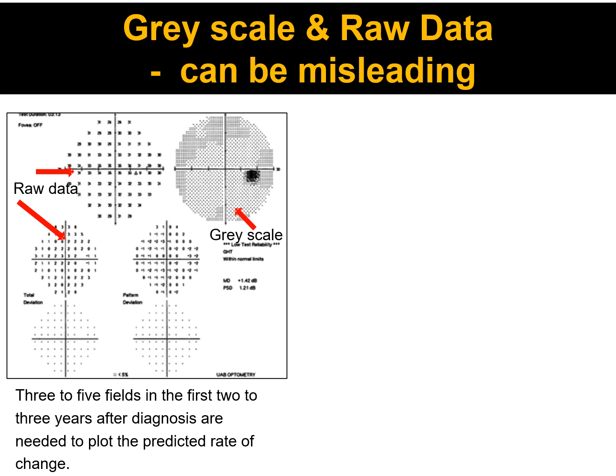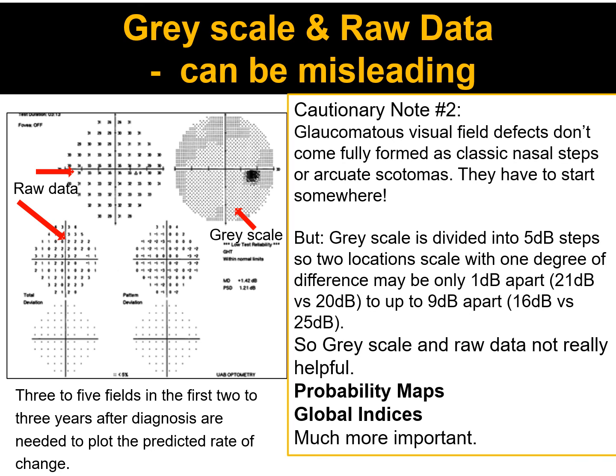So grayscales, we too tend to look at them, but they're rather misleading. Grayscales, the thing is, it's divided into 5 decibel steps. So side-by-side points might show 1 degree of difference, but they might only be 1 decibel apart or 9 decibels apart.